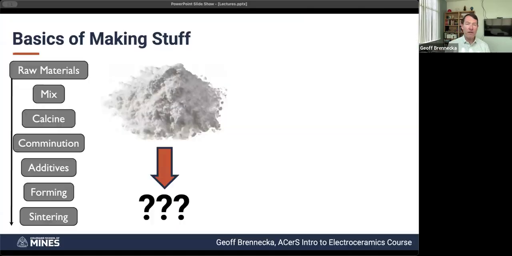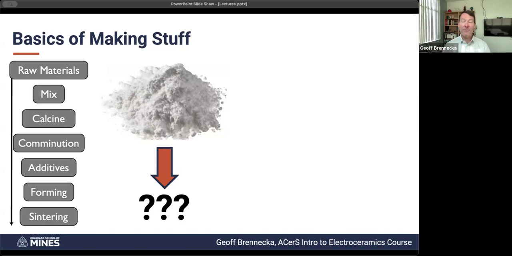All right, so in my opinion, ceramic processing is really just making stuff. So we start with a powder, we start with a solution, we start with a vapor, whatever it is, and then we turn it into a product. And all of the details of how to go from that raw material into the product that has the properties that we want, that's ceramic processing.